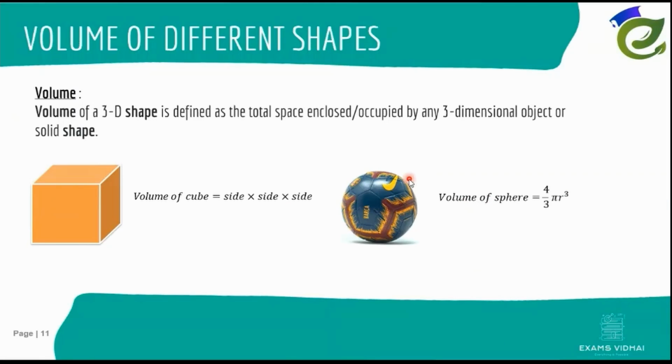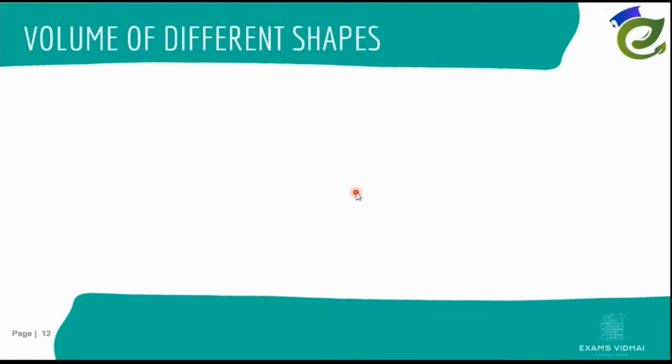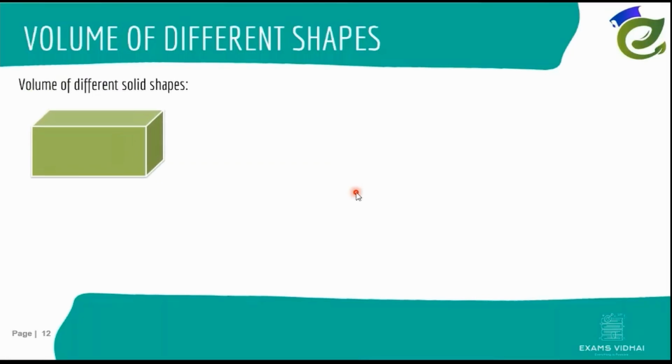Whereas the volume of a sphere is 4 by 3 pi r cube. This is a cuboid. The volume of a cuboid is length into breadth into height.